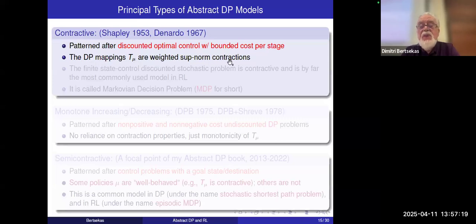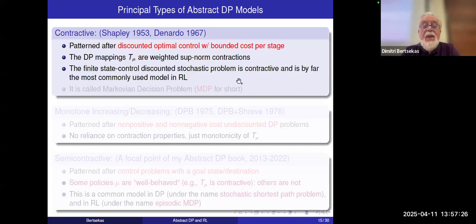And these T mu mappings are sup-norm contractions or weighted sup-norm contractions in some cases. A representative problem of the contractive class is the one that involves a finite number of states, a finite number of controls, and a discount factor. This problem has a contractive structure. T and T mu are contraction mappings.